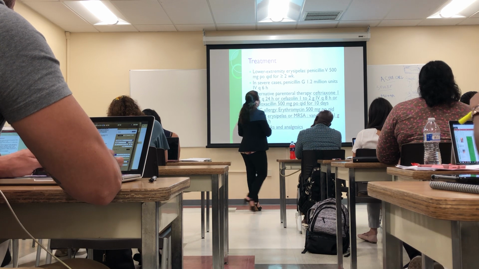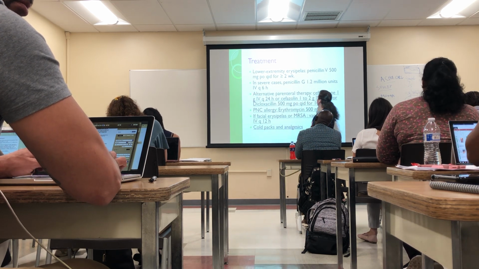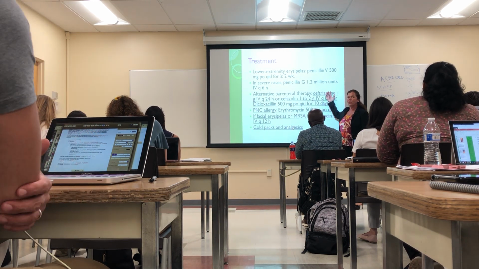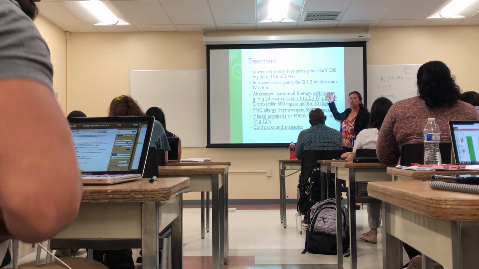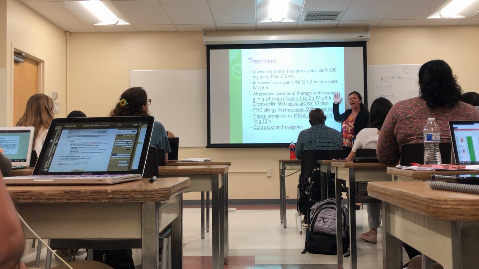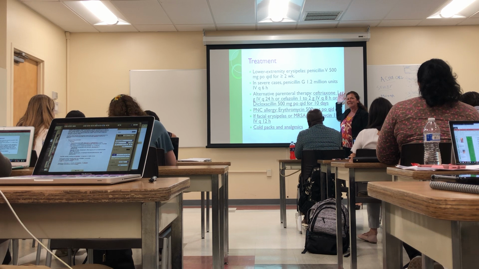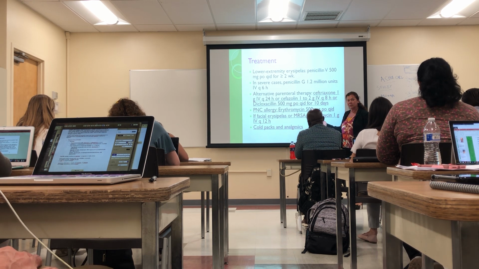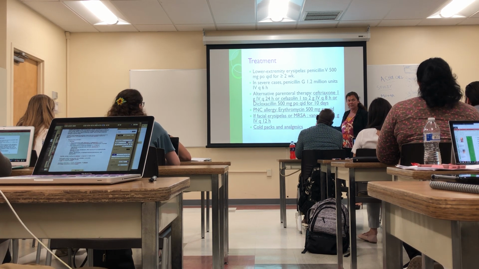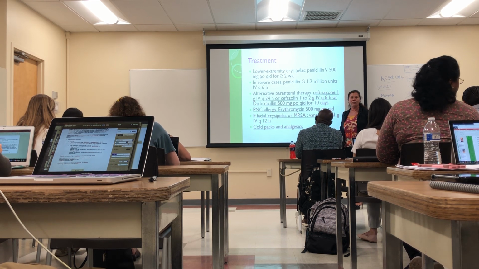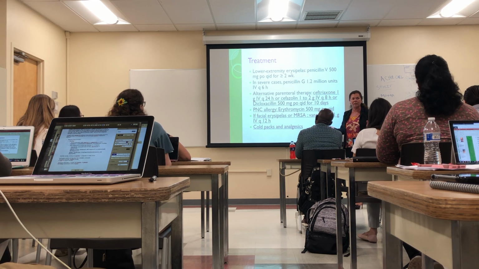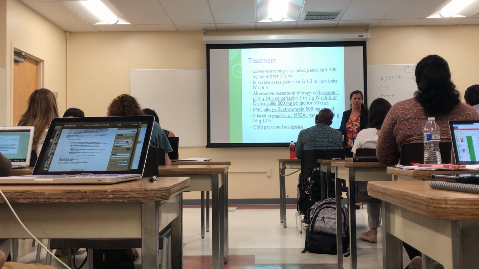Okay? So I would choose first Rocephin. If you have any risk factor for MRSA, you combine it with vancomycin. Another medication that can cover MRSA, daptomycin. Another medication that can cover MRSA, Zyvox, linezolid. Okay? Those are the three choices that you have. Okay, of course, we'll start with vancomycin first, not only due to the cost, but also due to the side effects that the other medications have.